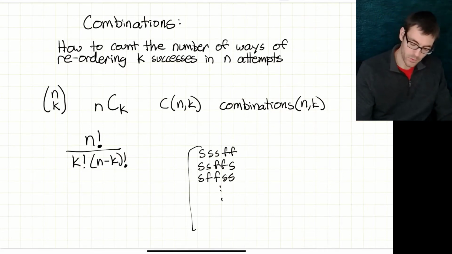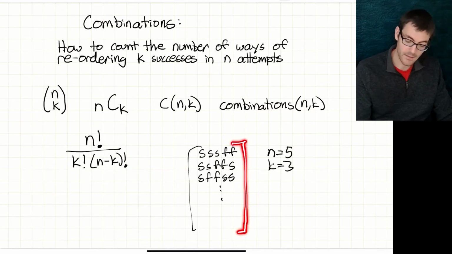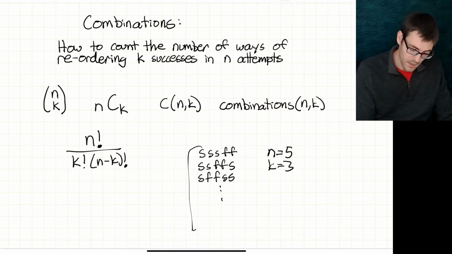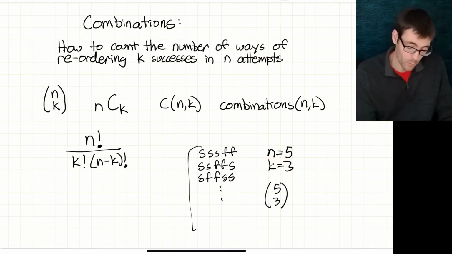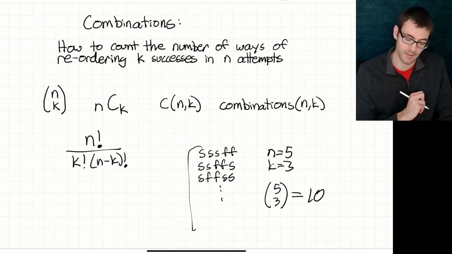But the other thing we could do is realize that n is 5 and k equals 3. So the number of entries in this list is just going to be the combination of 5 and 3. So if I were to plug combinations 5, 3 into R, I should get out 10, I believe. There are a total of 10 things in this list.